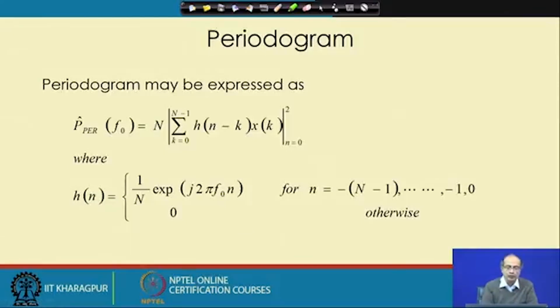Now, here we have chosen a particular frequency f 0 for our derivation. However, it could be any frequency, but at this moment we are trying to concentrate on a particular frequency.